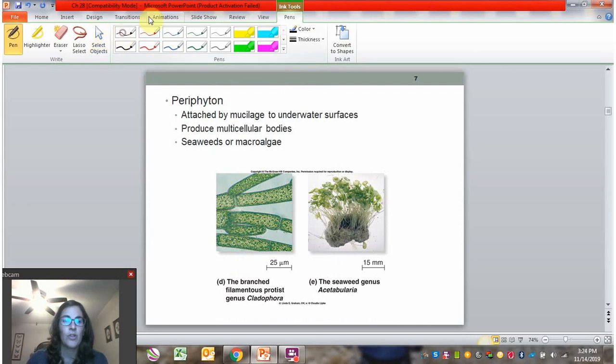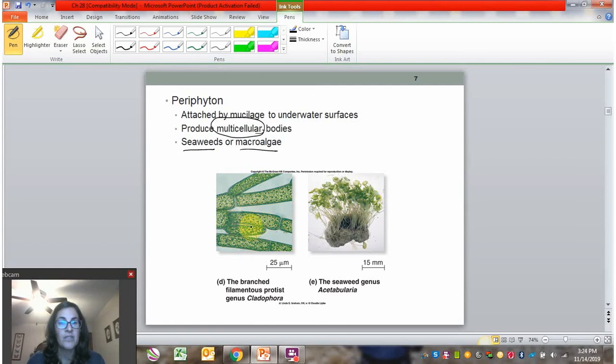And then another term for ones that live in the ocean or in water is periphyton. These ones are even more plant-like. They are multicellular, and that's what makes them even more plant-like. They go by names like seaweed or macroalgae, macro referencing big. So these are examples of some of these. Here's a seaweed, and you can see this with the naked eye.